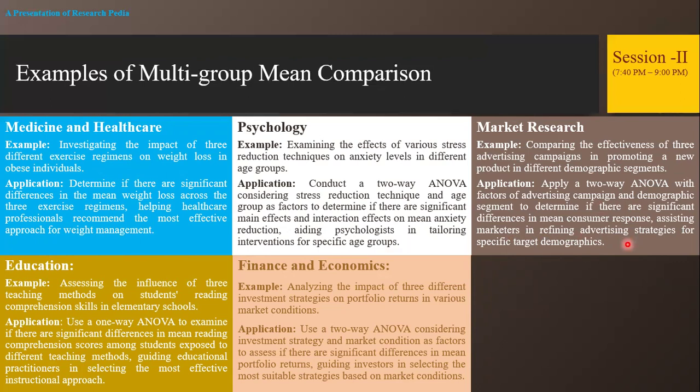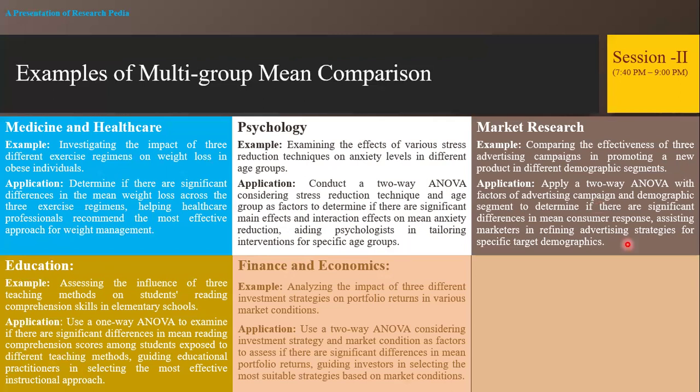And last but not the least, because I am just giving examples of different domains, there may be a lot of other examples from other domains also. You may be interested in environmental study and you would like to investigate the effect of three land use management practices on soil erosion in various ecological zones.